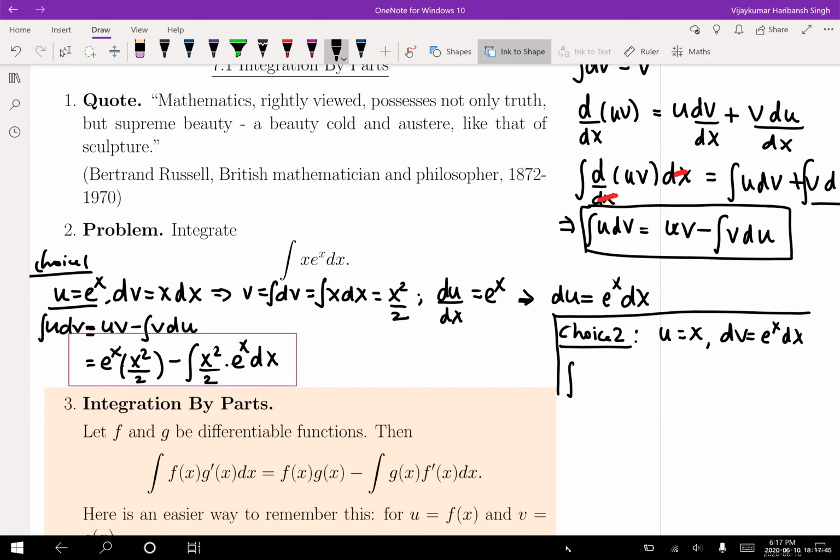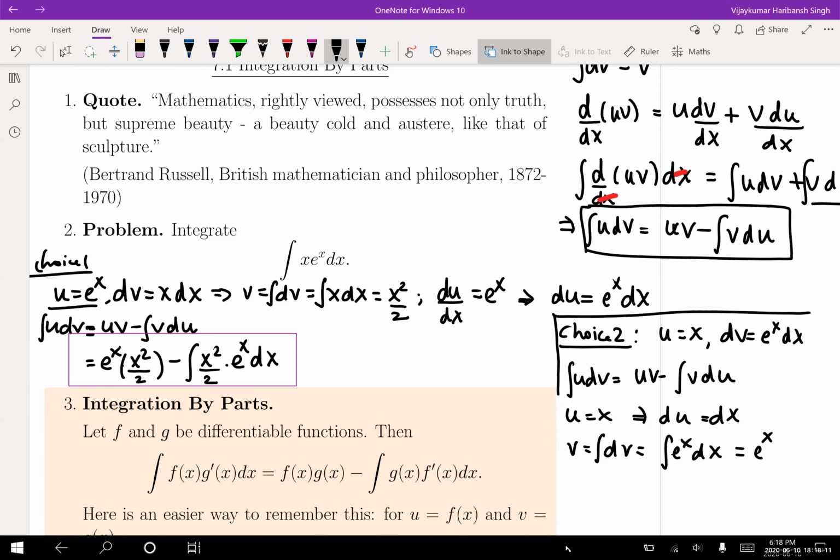Again, the integration by parts formula is the integral of u dv equals uv minus the integral of v du. In this case, we have u equals x, so this implies du equals dx. And v is the integration of dv, which is the integration of e to the x dx, which is e to the x.